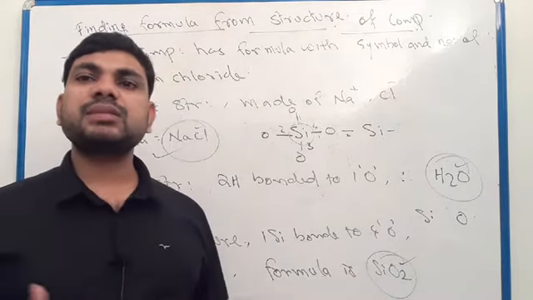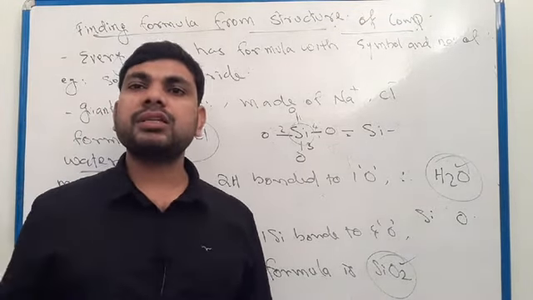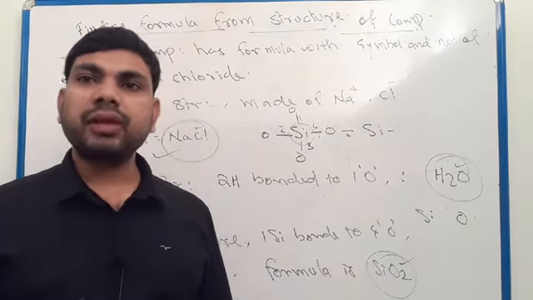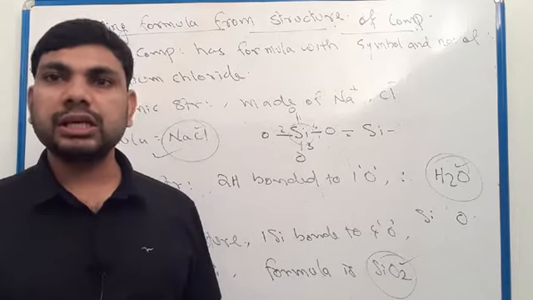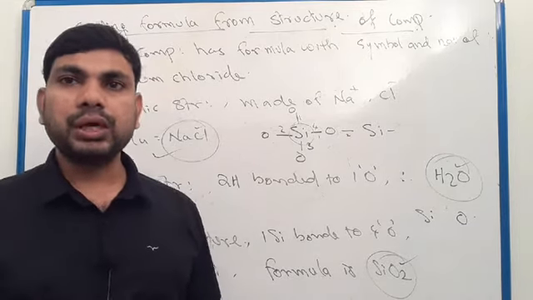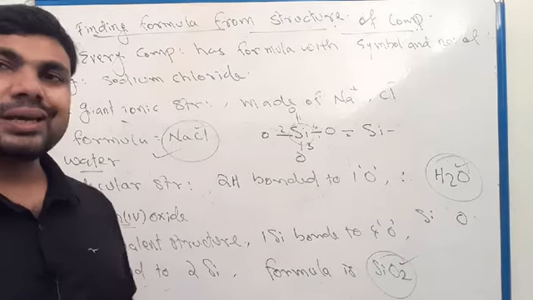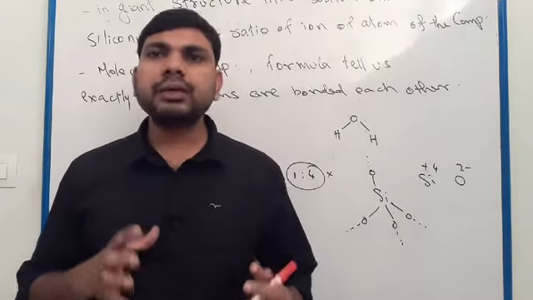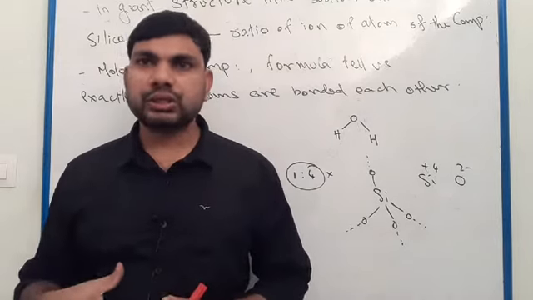Silicon dioxide is a macromolecule, giant covalent structure, 3-dimensional, unlimited structure. The ratio of silicon and oxygen is 1:2, so the formula is SiO2. Clear?